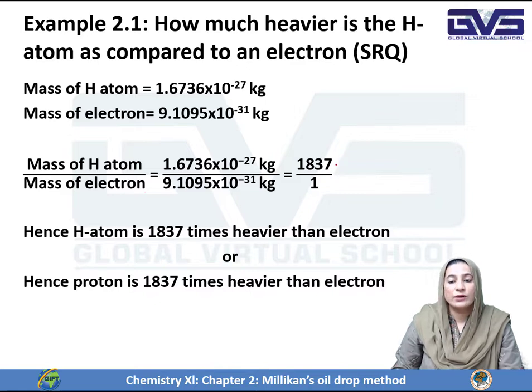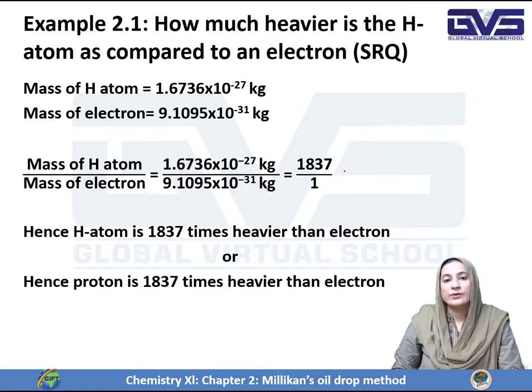It means hydrogen is 1837 times heavier than the electron. This is just their ratio. If we consider the mass of the electron is 1, then the mass of the hydrogen atom will be about 1836 or 7 times greater.